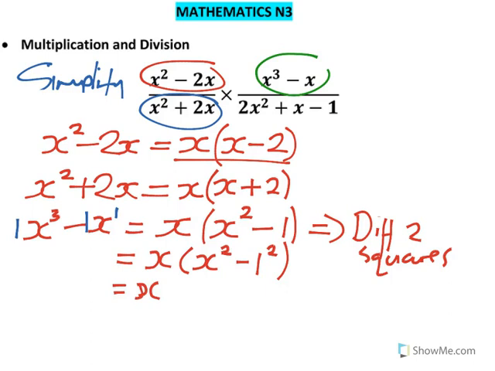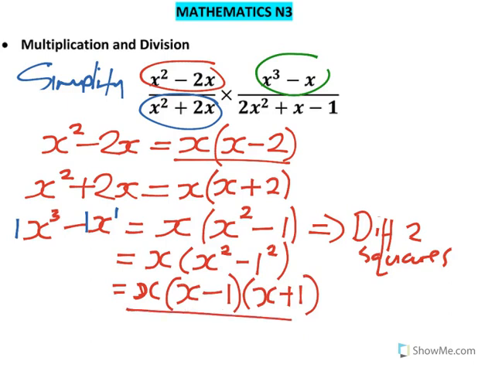This becomes x minus 1 if you ignore those squares, and you write the other one now with a plus sign: x plus 1. So this is the simplified version of that.